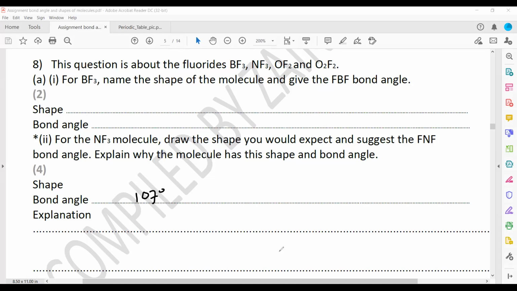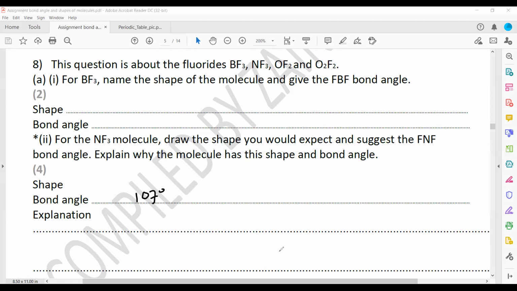Then what about the explanation of why it has this structure? You will always mention that electron pairs repel each other. So to minimize the repulsion, they will have maximum separation.